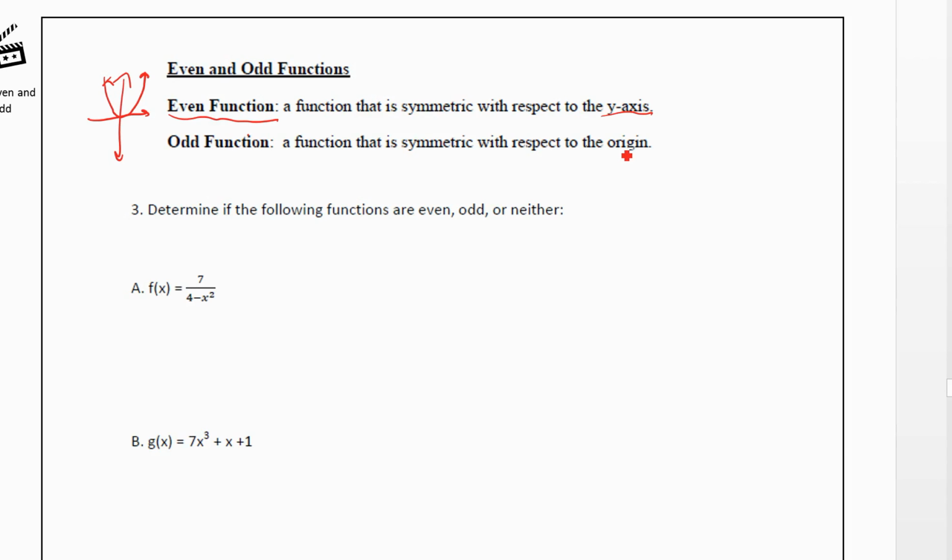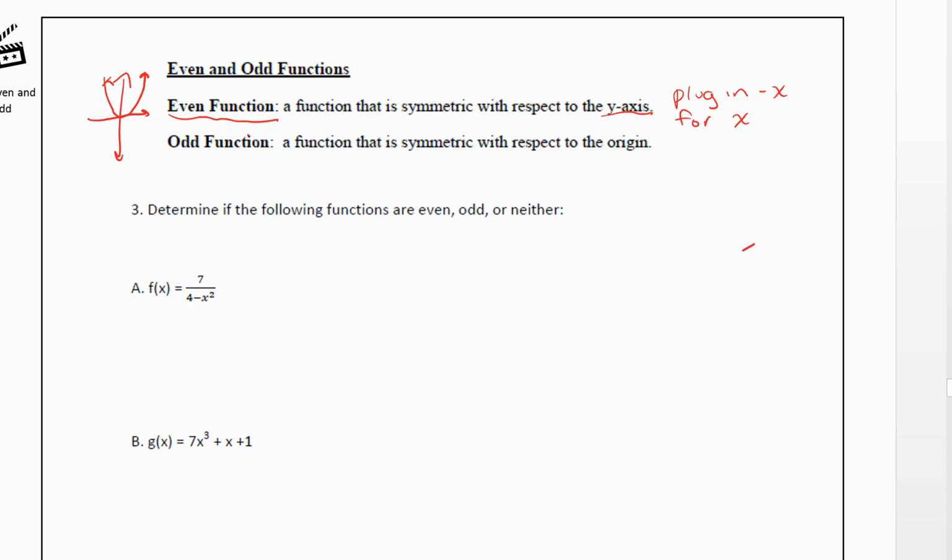Okay? So remember, just check if you're symmetric with respect to the y-axis. You're going to plug in negative x for x and see if you get the same thing. Okay?